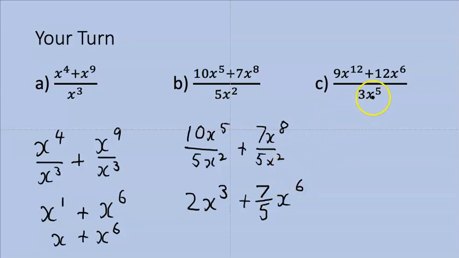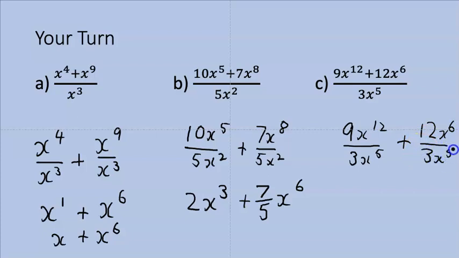Now the last one, this time, I'm going to separate again into my fractions. 9x to the 12 over 3x to the 5 plus 12x to the power of 6 over 3x to the power of 5.